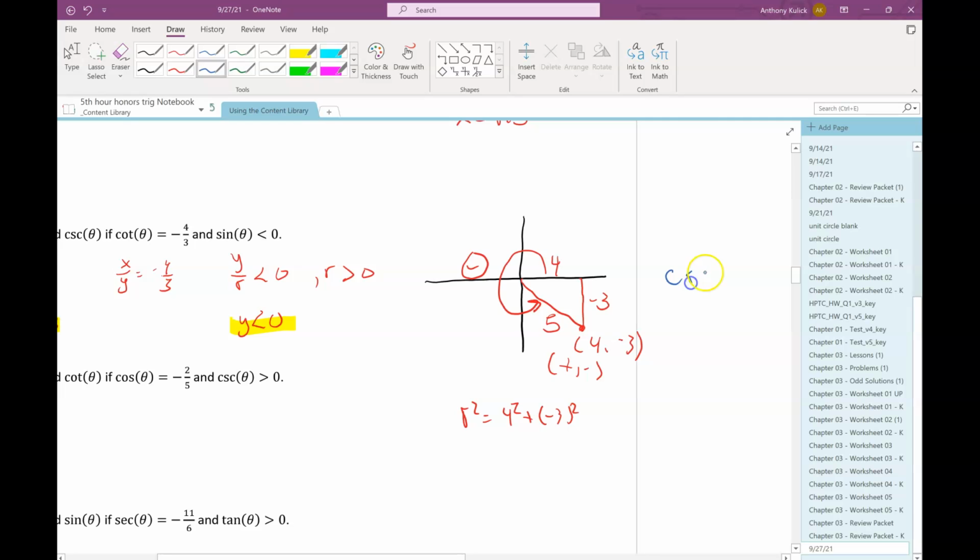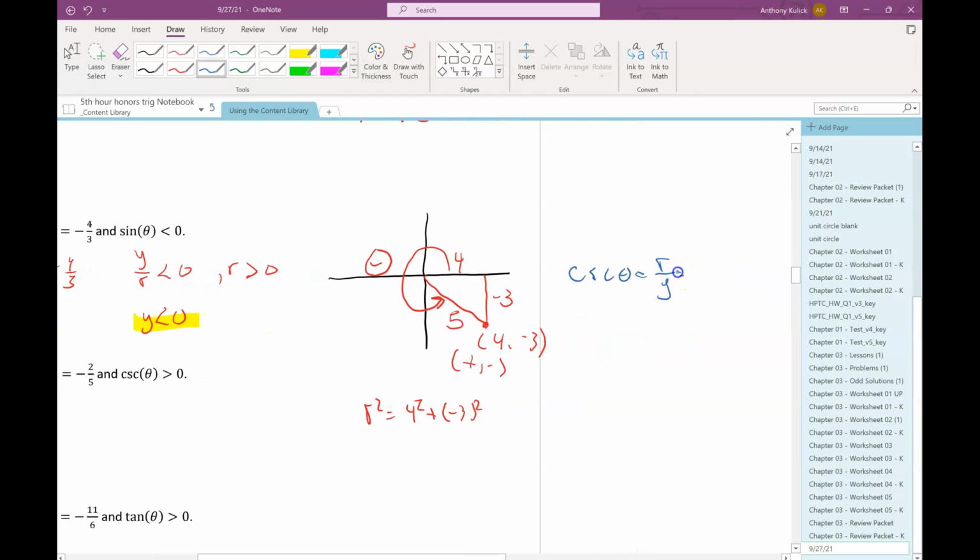So cosecant theta, I know is r over y. So that's going to be 5 over negative 3, or you can just call it negative 5/3. Does that feel okay, Peyton?